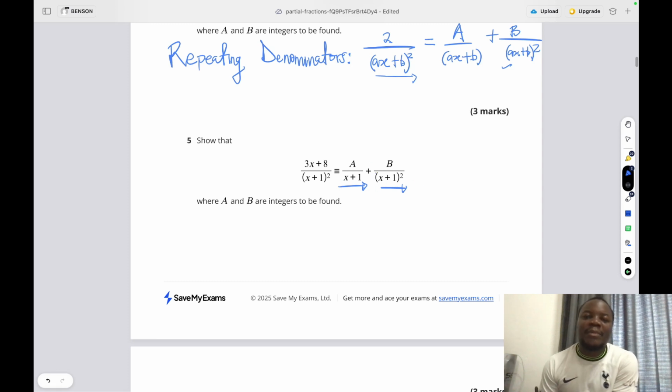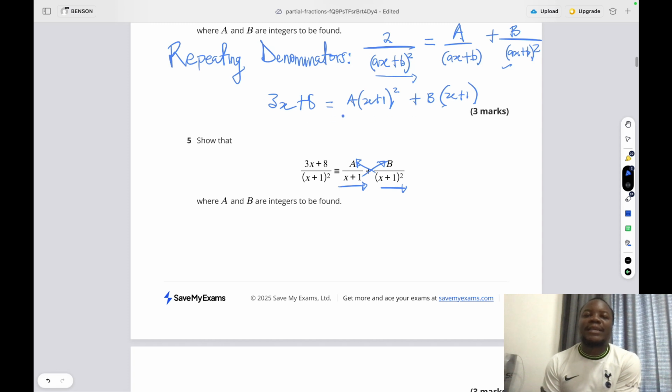We must always remember this multiplies that and that multiplies that. So I'm going to write it up top here. First we write 3x + 8 being equal to A multiplying the second denominator, (x + 1) squared, plus B multiplying the first part, which is (x + 1).